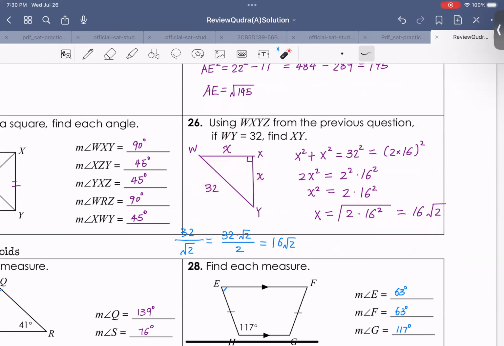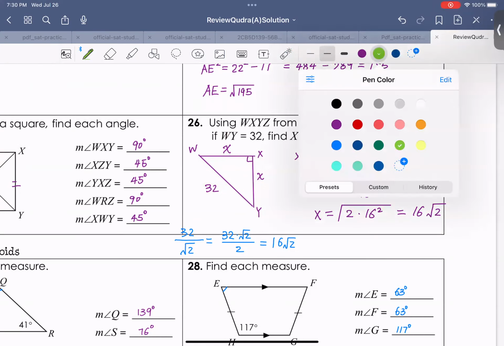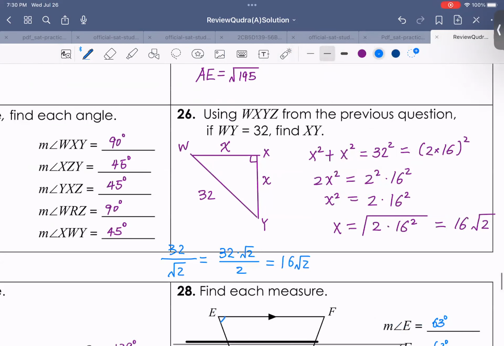So you can also solve it by a proportion method. You do this part, you can treat it as one. This is square root 2. So x divided by 1 equals 32 over square root 2.